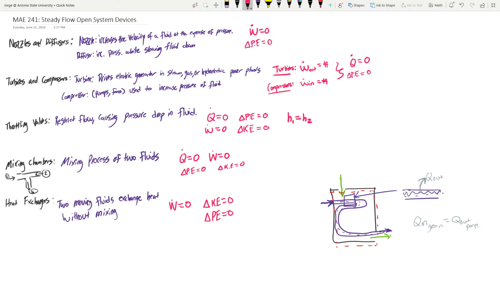So the heat transfer of the whole system, of course, is 0 because we typically say that this is a well-insulated system. Of course, if you're analyzing each fluid separately, so if you analyze the tube first and then the green fluid second, you'd know that the heat exchange between those two isolated systems is not going to be 0. You just know that the overall for the whole system is 0.